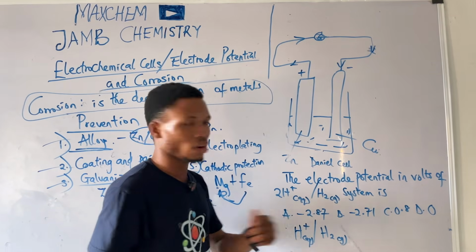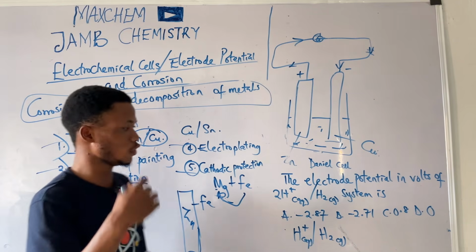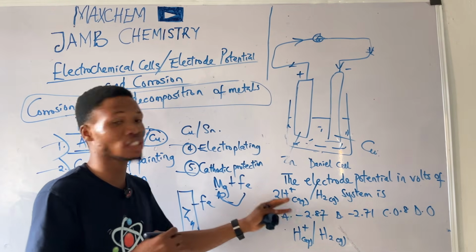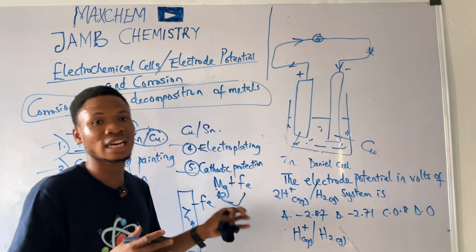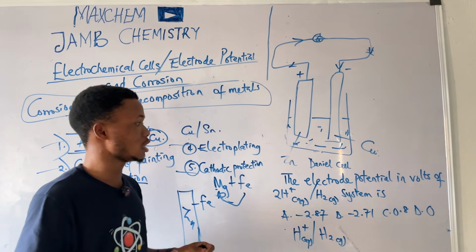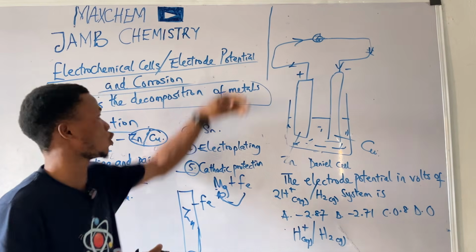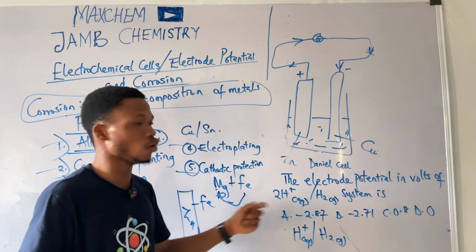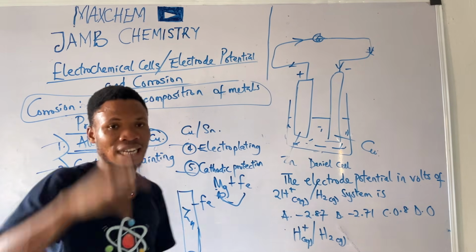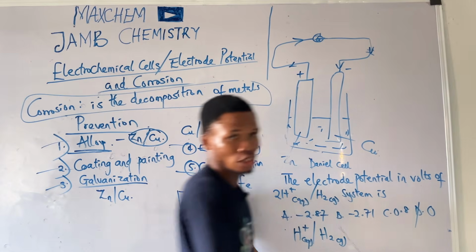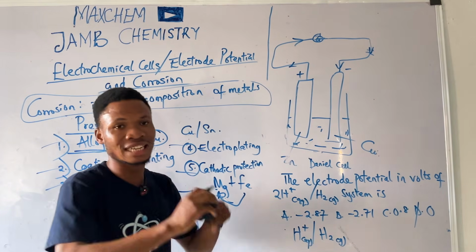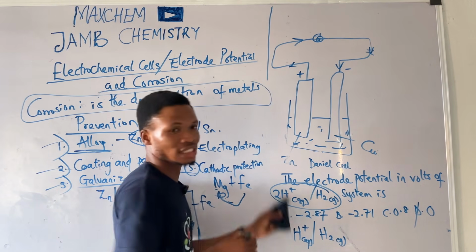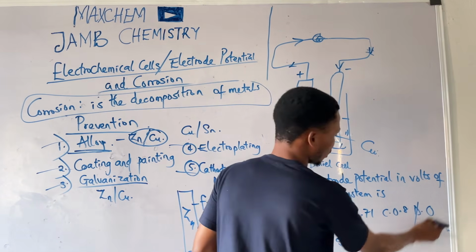Earlier in this video, I said the electrode potential of hydrogen is a standard electrode potential because we can measure it from standard values, and since it is standard, it is 0.0 volts. So the electrode potential of this system of hydrogen ion is 0.